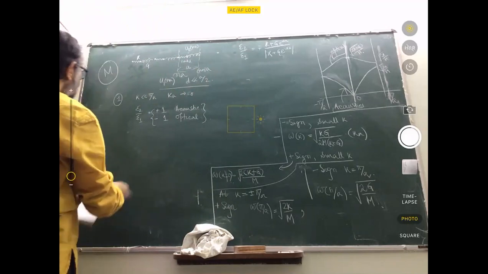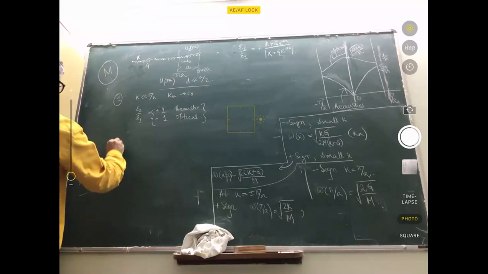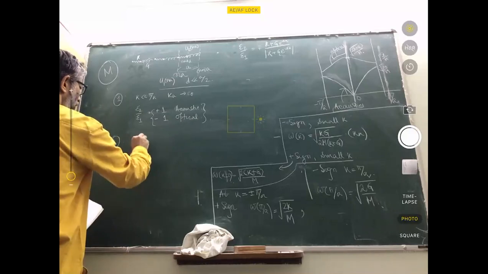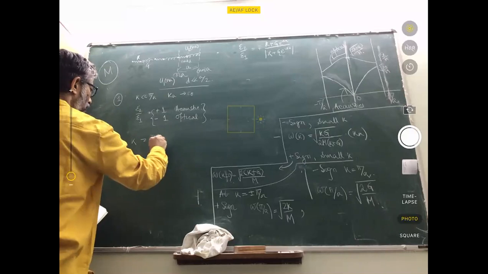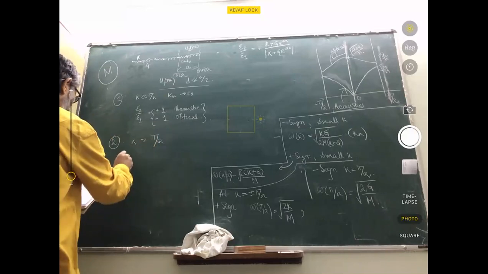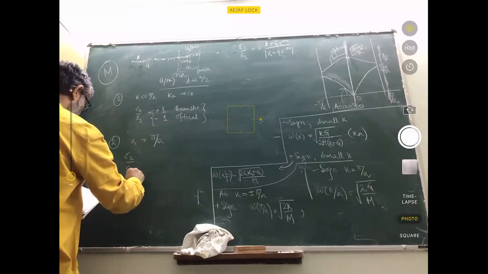All right. The other situation one looks at is when k is at the zone boundary. And here, again, you will have epsilon 2 over epsilon 1.